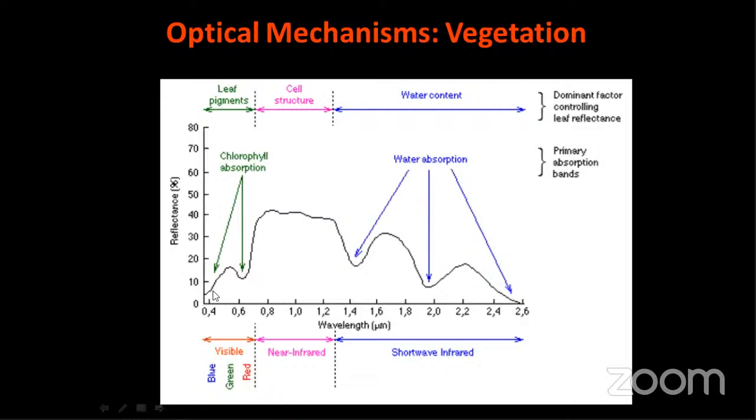If there is more absorption in these regions, then there would be more chlorophyll. And if there is less absorption, there would be no chlorophyll. Similarly, if there is more absorption and less reflectance, there would be more water in the vegetation. And if water stress is there, then this absorption will be less. A similar science you can apply in remote sensing of vegetation.